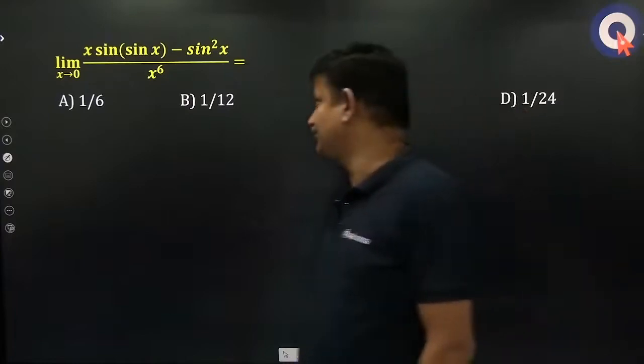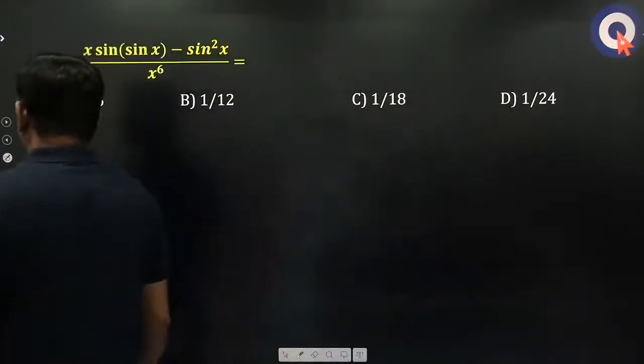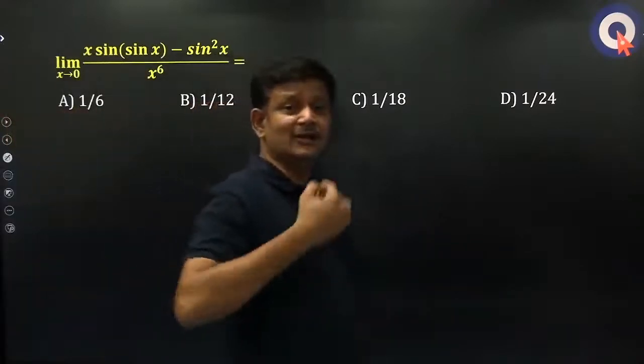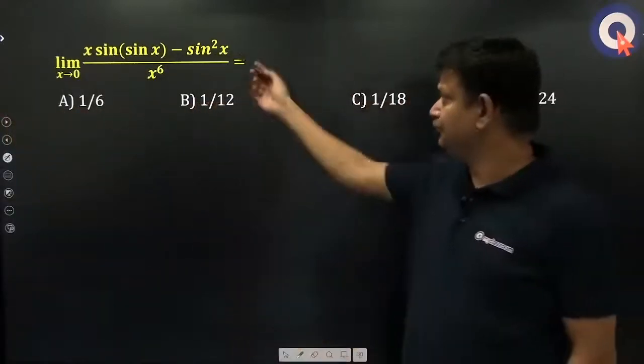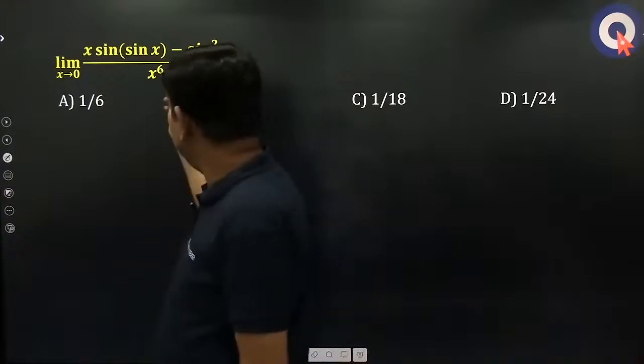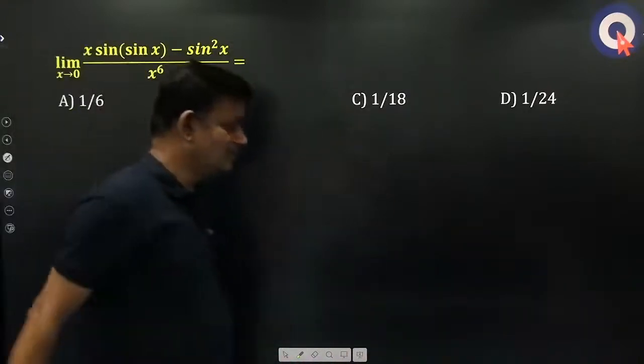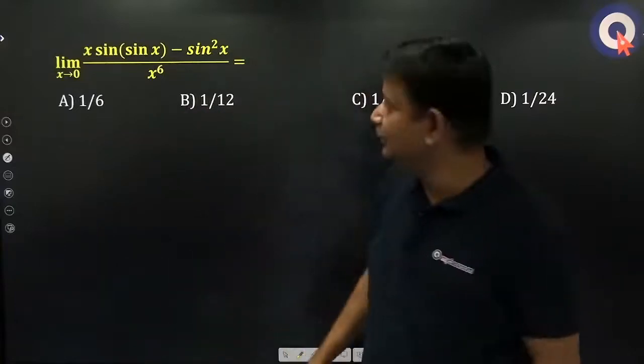That may make it very difficult as well. Why? You have to use the UV rule here, and again sin of sin x into cos x, 2 sin x cos x, x power 5. So a lot of simplifications, one L'Hopital will not give you. You may have to differentiate multiple times.